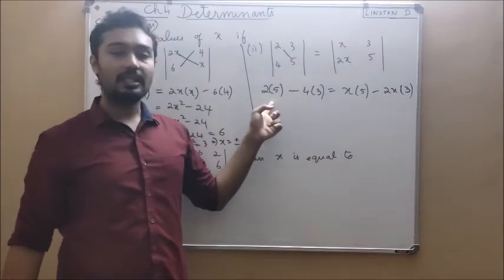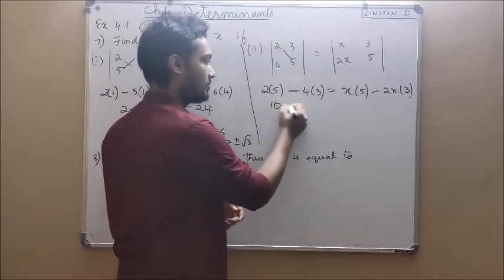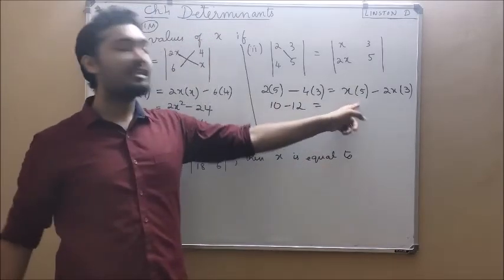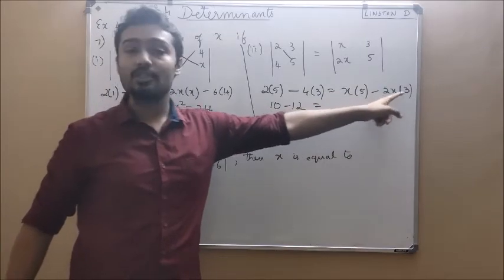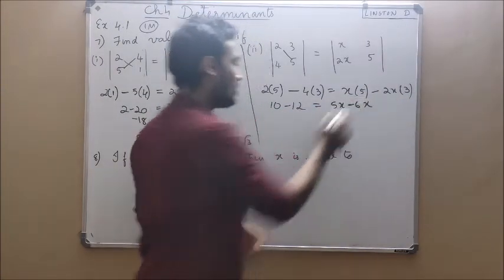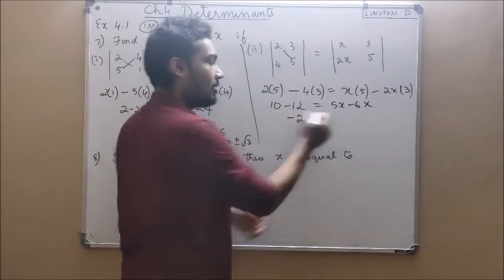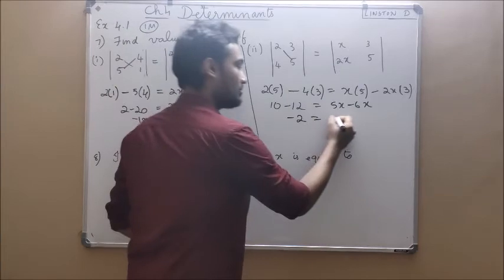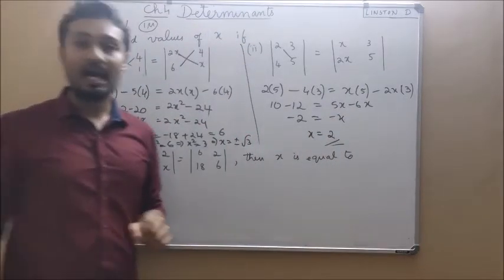So 5 twos are 10, 10 minus 12 is minus 2. 5x into x is 5x, minus 2x into 3 is 6x. 5x minus 6x is minus x. So x equals 2. X equals 2 is the answer.